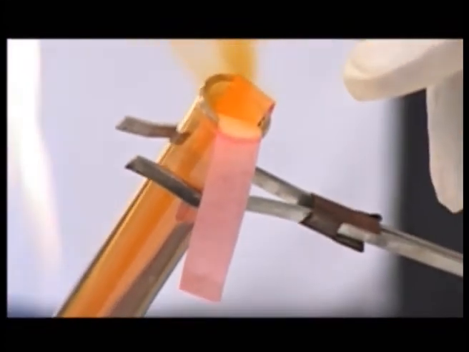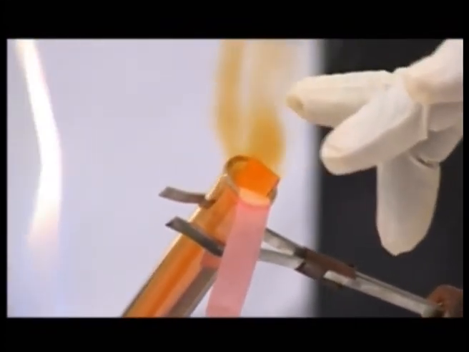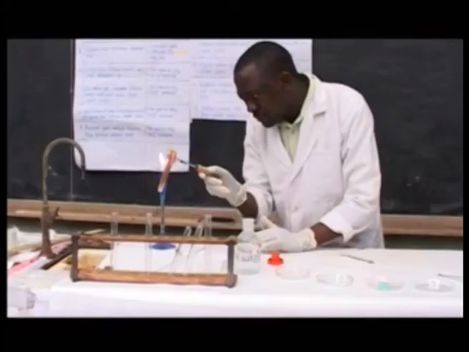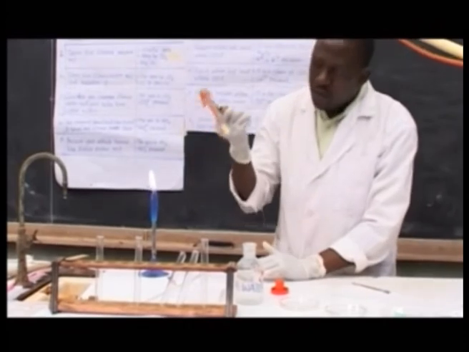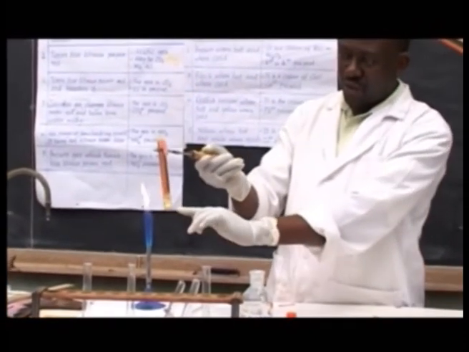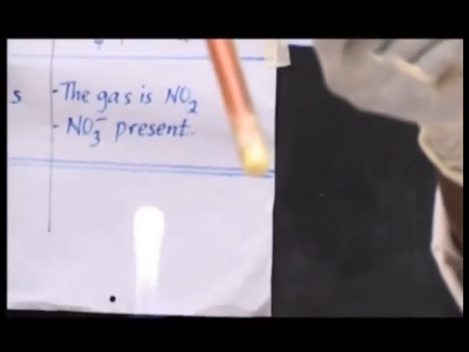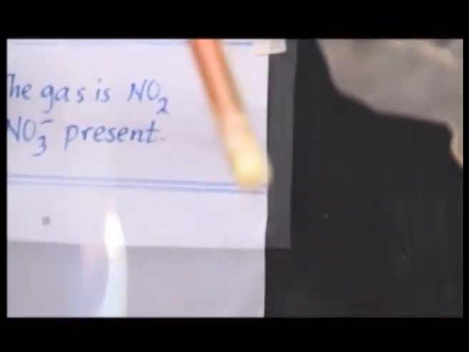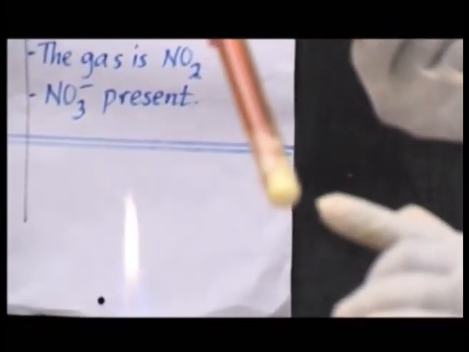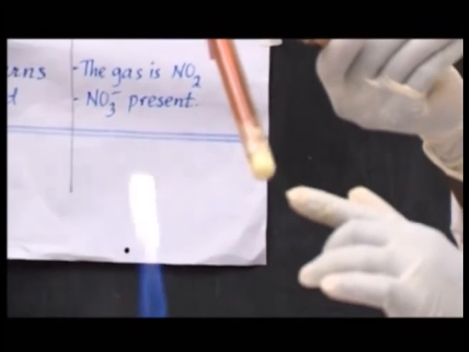The gas evolved is brown. And the residue is yellow in color when hot, changing slowly into white as it cools.